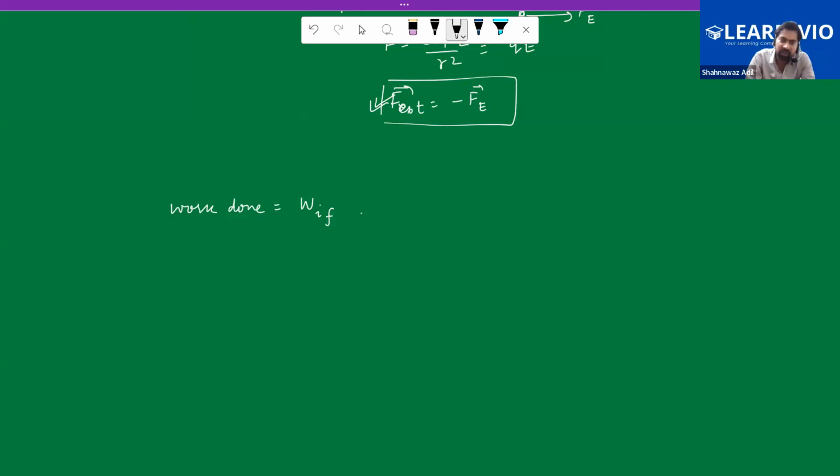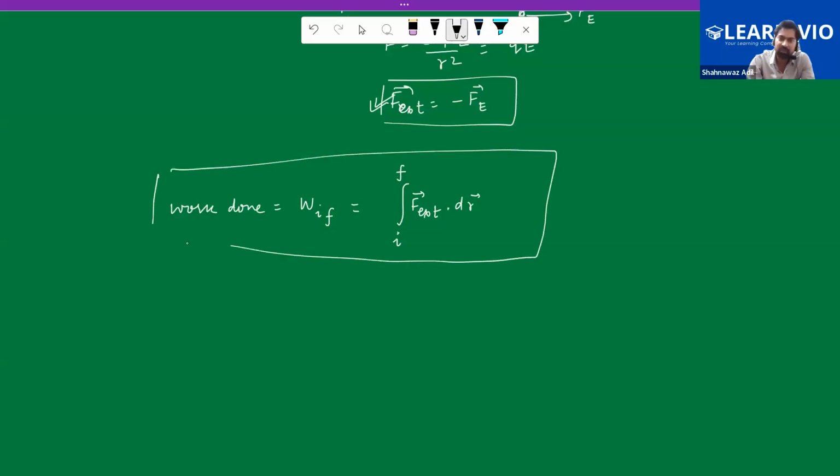So this is simply F external dot dr from initial point to final point. This would be the work done. Is it clear, guys? So this is how we define the work done, right?